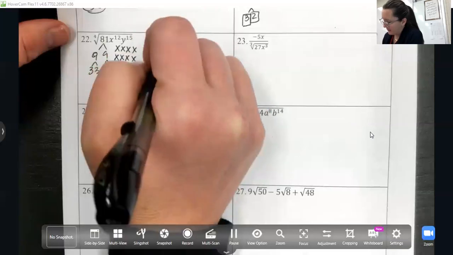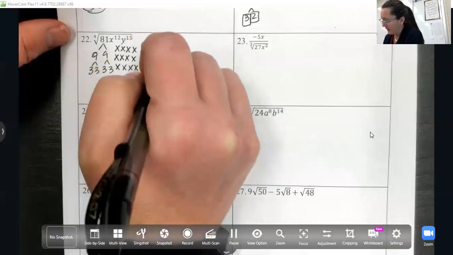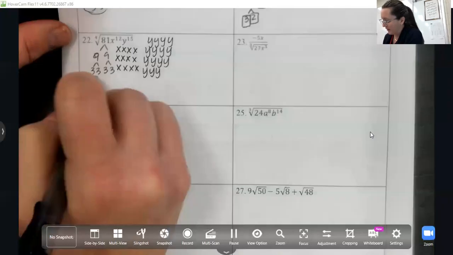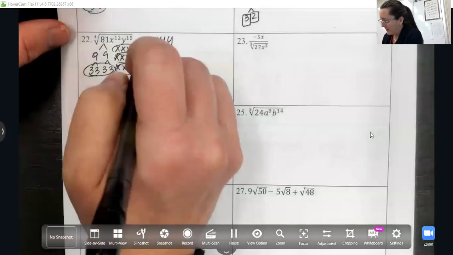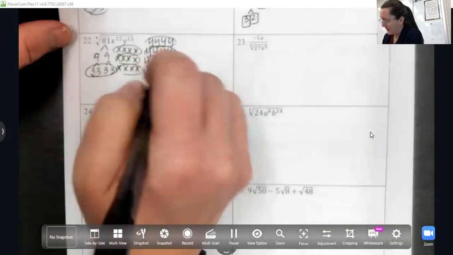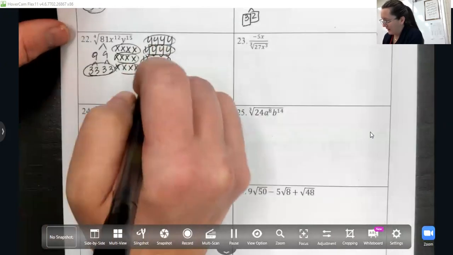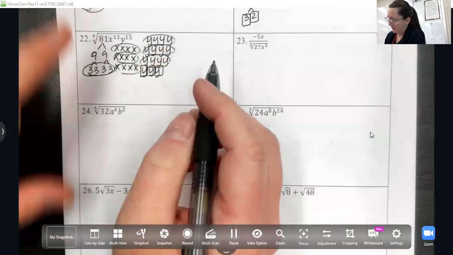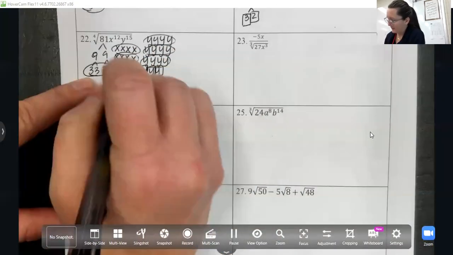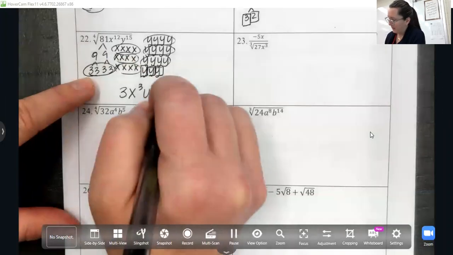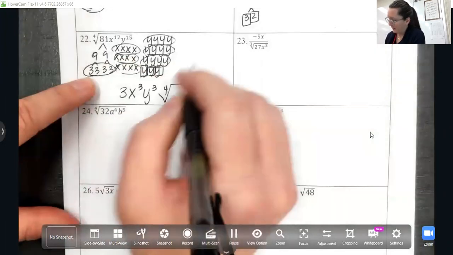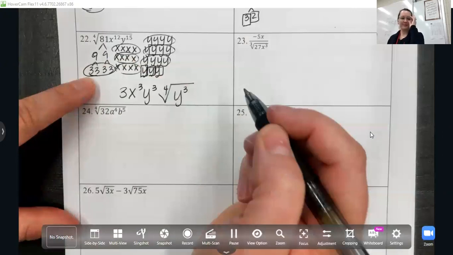That's 12. That's 15. All right, I'm looking for groups of 4. I found a 3. I found 3 x's. And I found 3 y's. And I found 3 y's that stay in. So what comes out is 3 x's, 3 y's, and then 3 y's stay in because they're lonely. They don't have enough to go out.